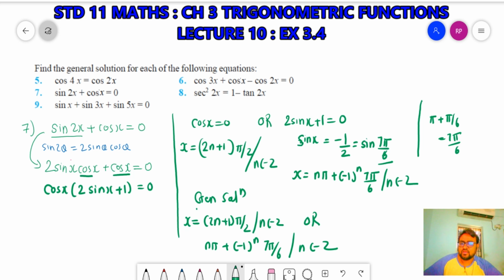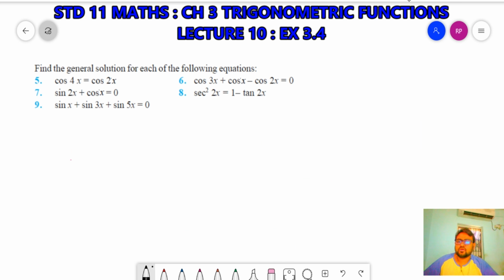Now let's move to the next question, that is question number 8. Sec square 2x equal to 1 minus tan 2x. Now here it is tan and here it is sec. So let's convert this sec square into tan square.